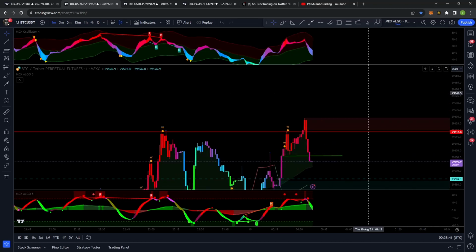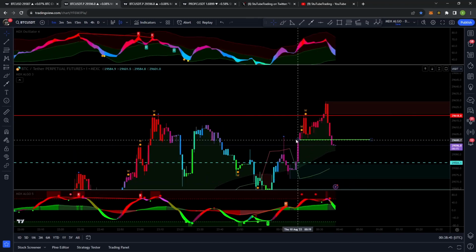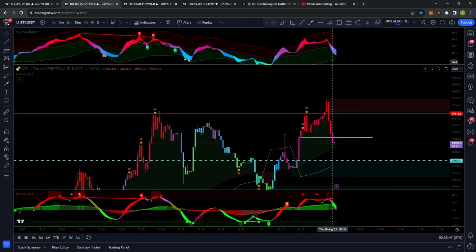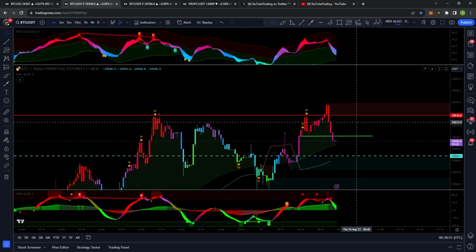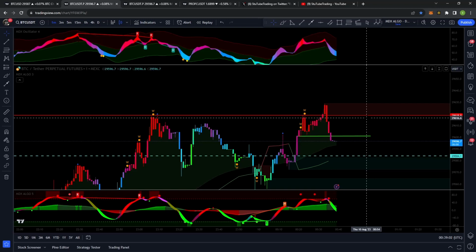Higher highs, lower lows. So basically three main strategies that I use generally.